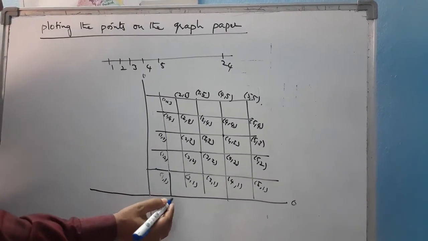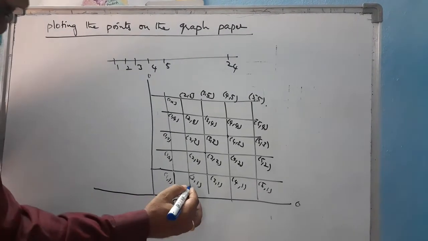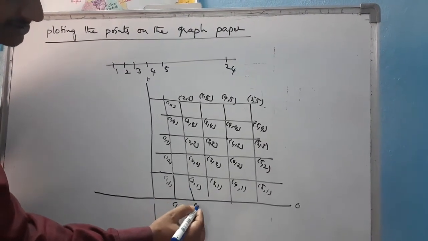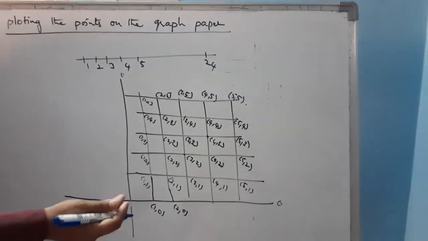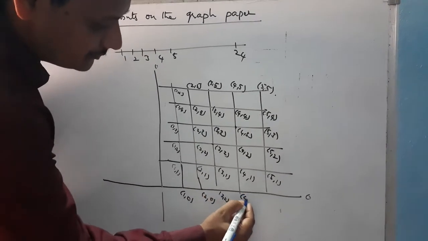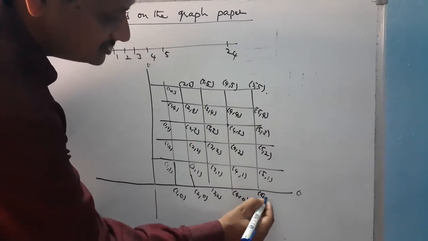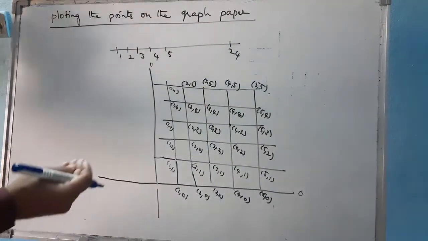It is the first column and 0 row, that is a position. It is the second column and 0 row. Like that we can take 3 comma 0, 4 comma 0, 5 comma 0. So this is the position of the students.